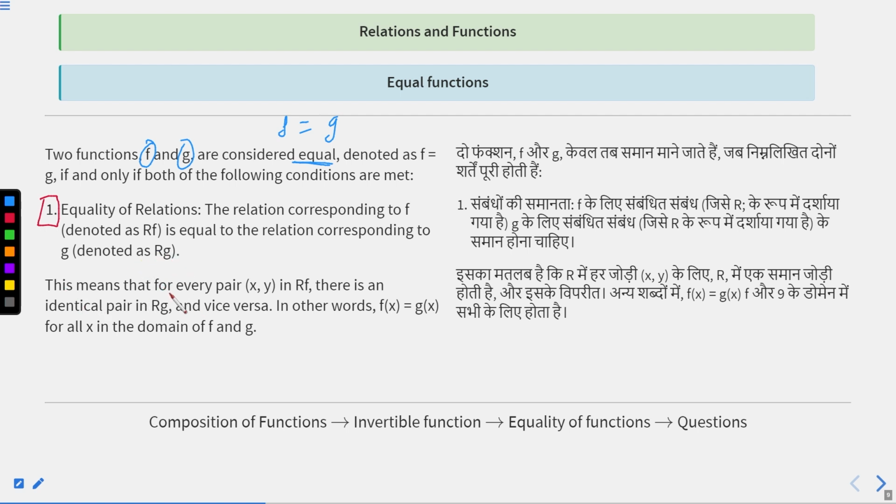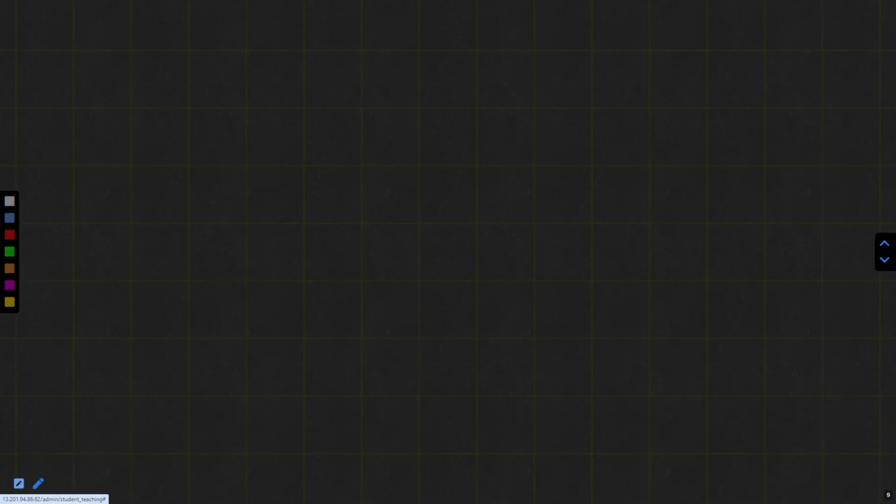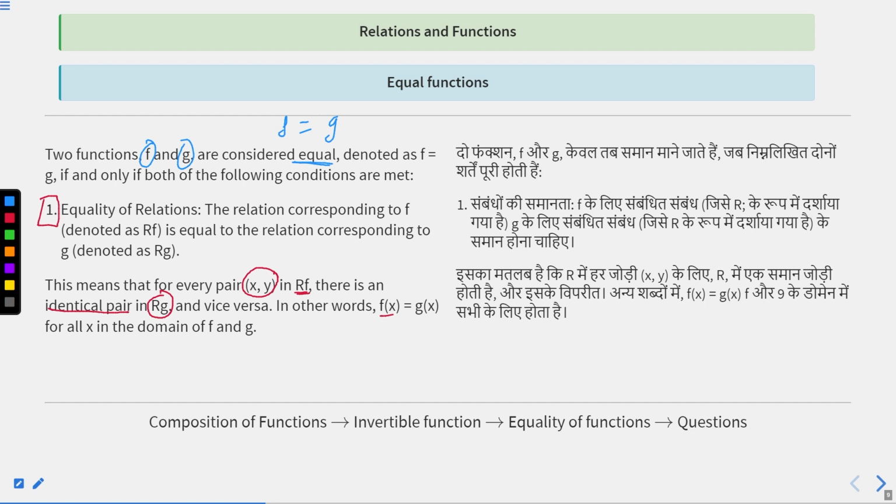What does it mean? This means that for every pair (x, y) in Rf, there is an identical pair in Rg and vice versa. In other words, f(x) is equal to g(x) for all x in the domain of f and g.